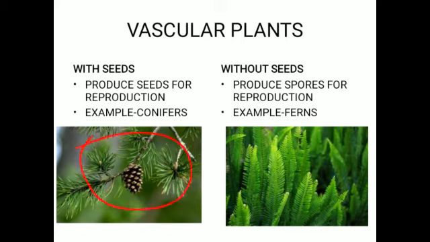The seeds are enclosed in a cone shape. On the other hand, there are plants which do not produce seeds but produce spores, for example, ferns. Producing spores is the way of their reproduction, not seeds.